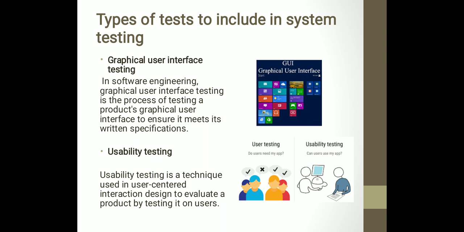The tester has to check whether the app can be easily used by a first-time user. The user-centered app has to be checked for ease of use using this testing.